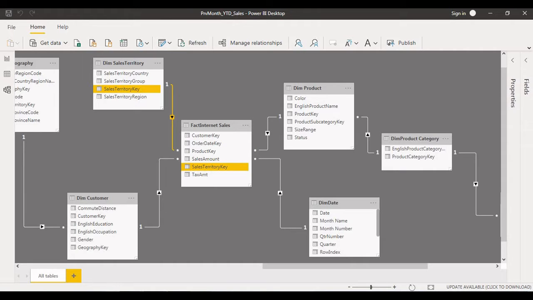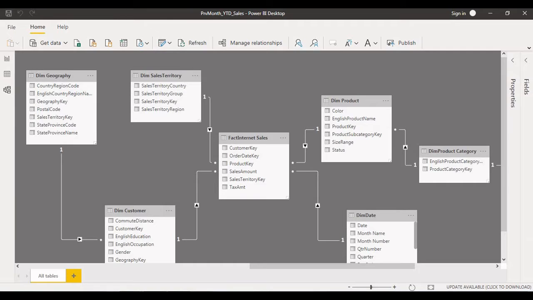Now we can understand in what direction this relationship is flowing. The direction is single direction, which means the filter propagation flows from the one side to the many side. We'll cover a separate video on relationships because it's very important, and I'll speak more about it then.